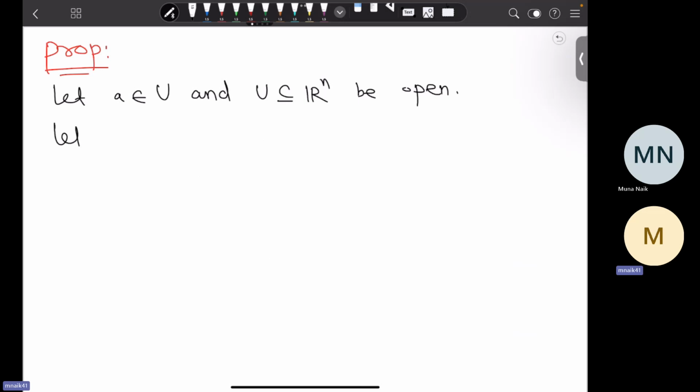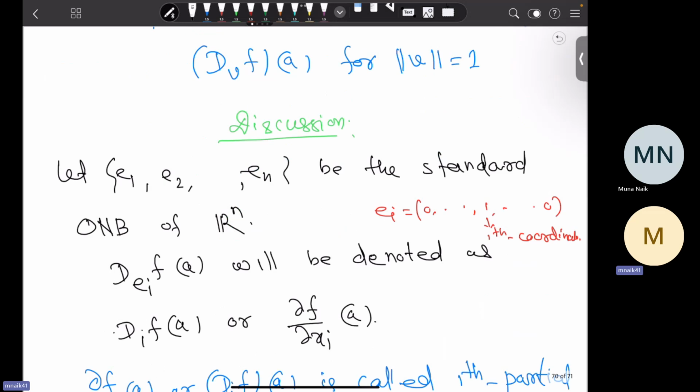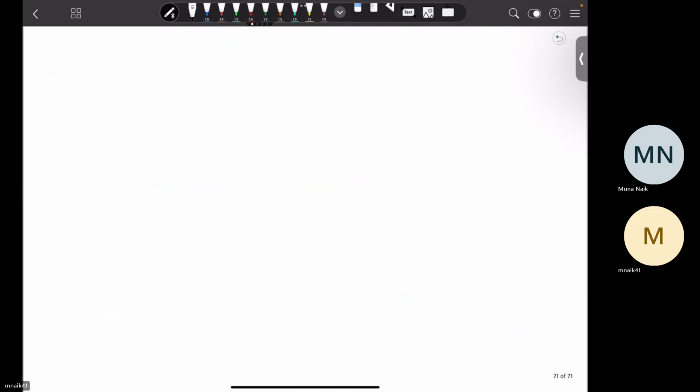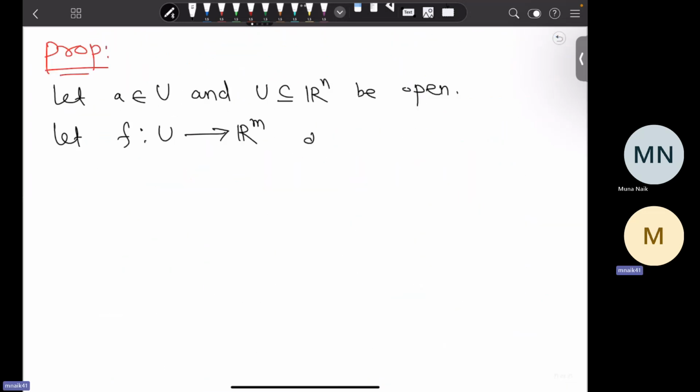Let f from U to R^m be differentiable at a.